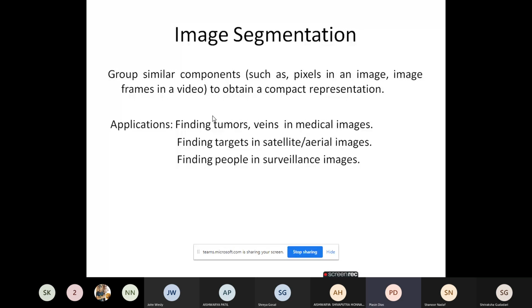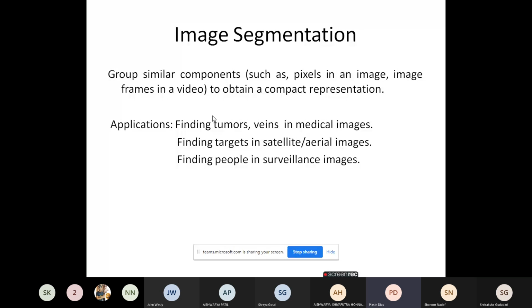Some image segmentation applications are listed, though they are not limited to this. Might be finding tumors and veins in medical images. When we go for satellite and aerial images, we can think of identifying different targets.